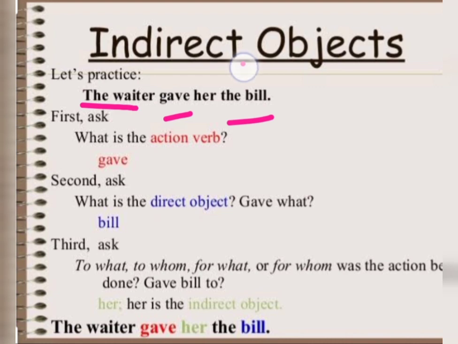So this answer is the direct object. Now we have to find the indirect object. To whom is it given? The bill is given, but to whom? So what is the answer? To her. So this her is an indirect object. Okay, here is one small trick. Indirect object always refers to living things like human beings: her, him, they, like this.